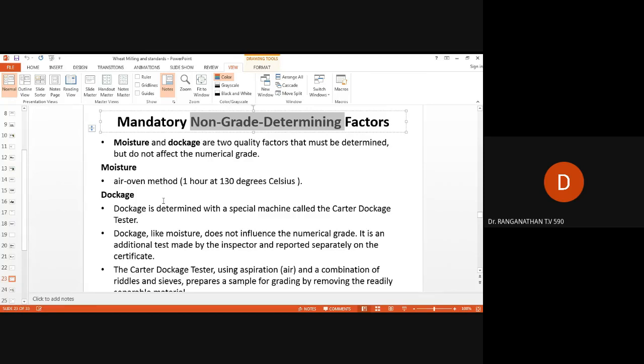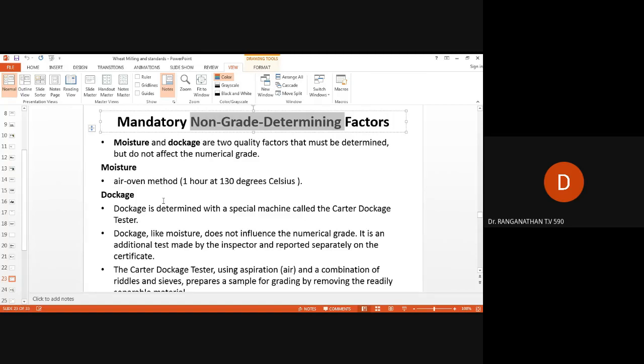Why is it important? Because whatever you weigh, I think you know, all the matter in the world is more than 90% water. So if a buyer gets wheat and it has a higher amount of moisture, obviously, if I have a wheat which has a moisture content of 10% and another has a moisture content of 16%, the one who buys the wheat of 16% is actually paying for that extra water.